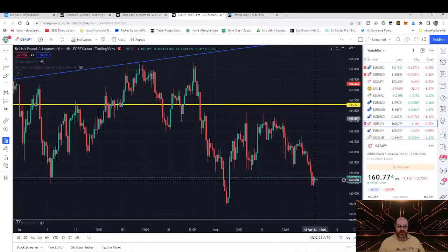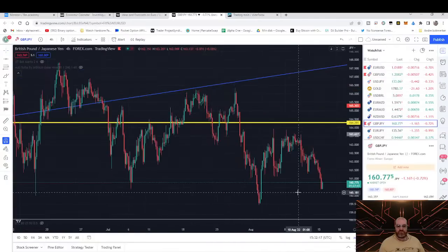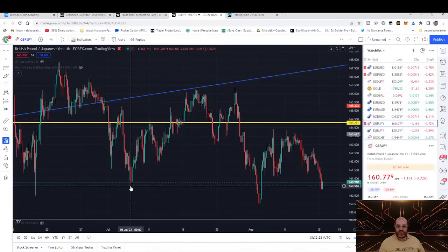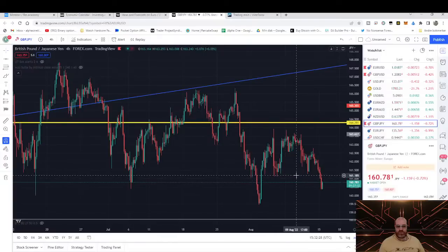Okay, you can see we got the reaction, but I don't feel comfortable taking a long trade before we at least cross this area we see up here. So for swing trading, we do not have any trade here now. We can see that we have turned here. We came in the exact same area, but also this area that was support before is now resistance.